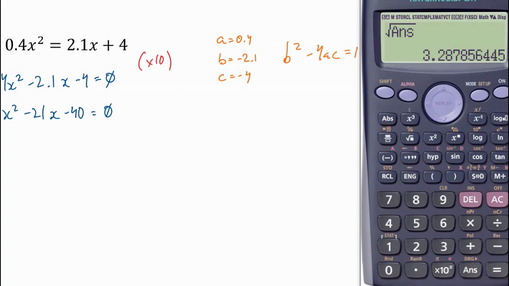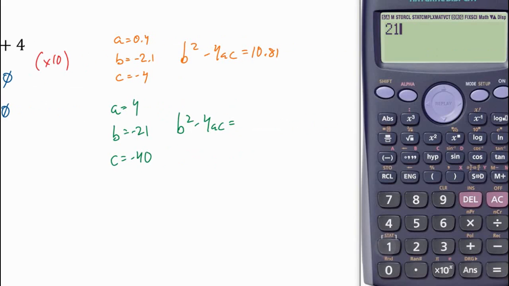Or if I did clear the decimals, then I do this. A is 4, B is negative 21, and C is negative 40. And I do B squared minus 4AC on that. And you can see how those answers are related.